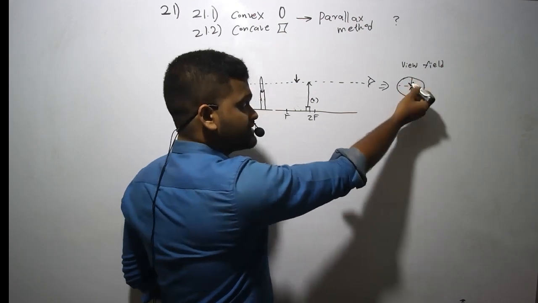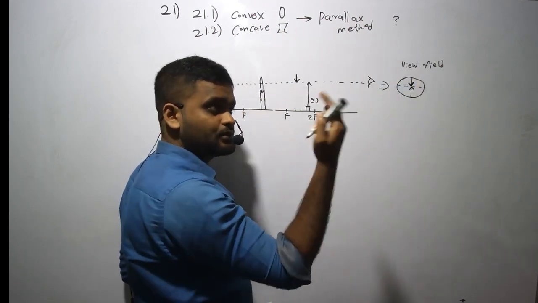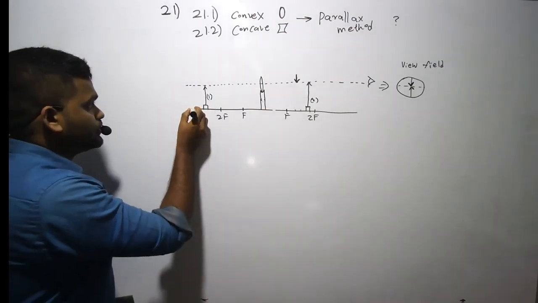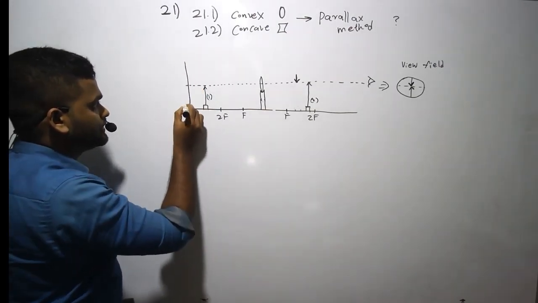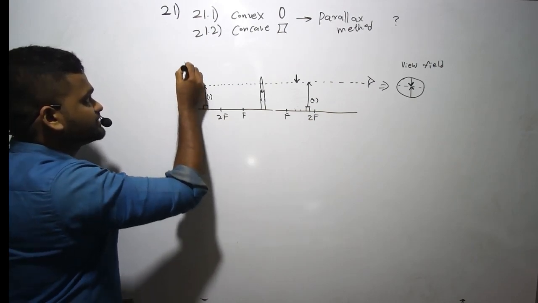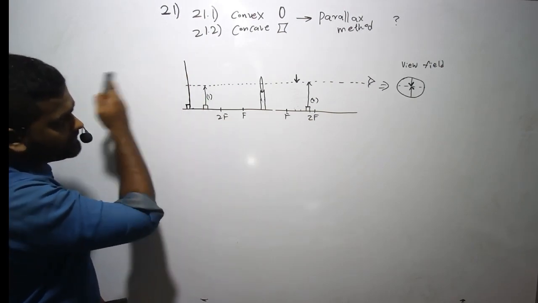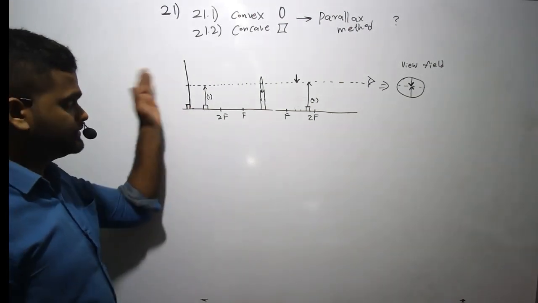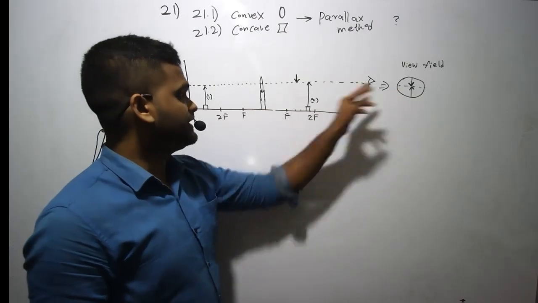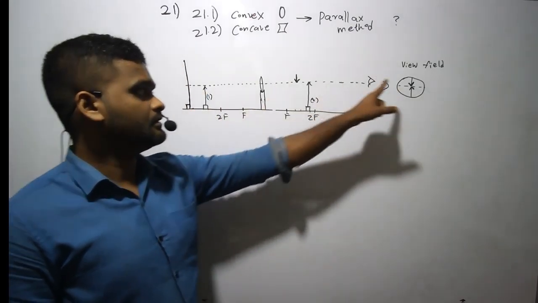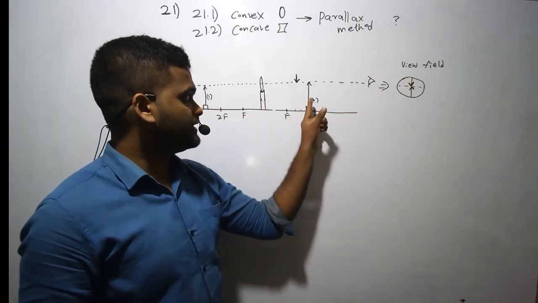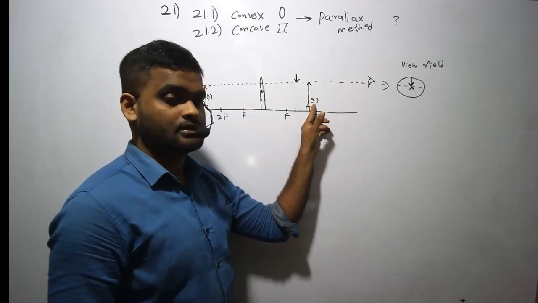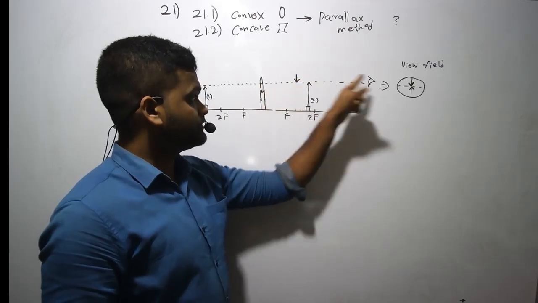But you need to see this image without distractions due to other images from other objects. That's why you need to place this screen, right? You need to place this screen so the light coming from other objects is stopped by this screen, right? Now you only see the image of this pin, and in front of that you see this one. This is not an image, right? This is just you physically see this one, but through the lens you see this object.